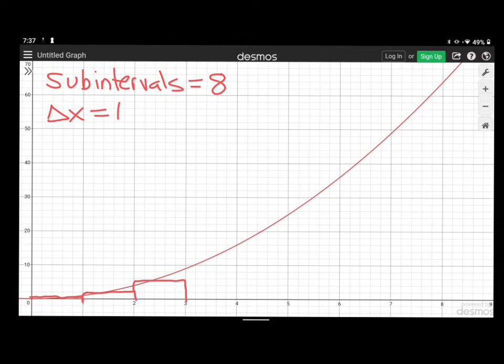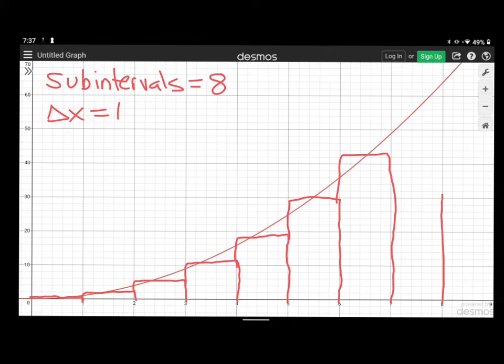But I think you can see that we are getting more accurate. And now I keep going through the midpoint, and we're going to talk about that idea very soon.